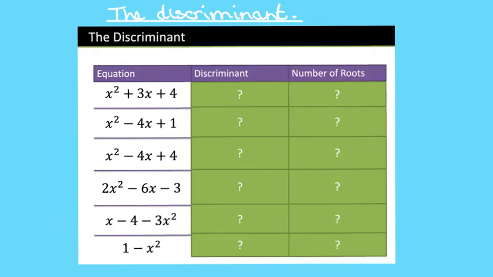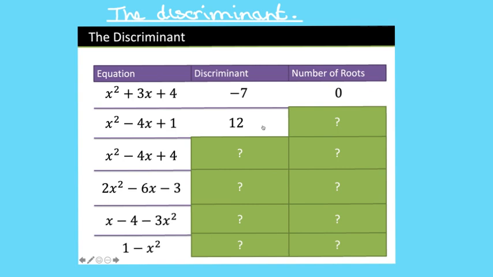In the following, you have 6 equations. Work out the discriminant and then work out the number of roots that discriminant gives you. Stop the video and work them out for yourself. The answers are, the first one, the discriminant is minus 7, which gives you 0 roots.